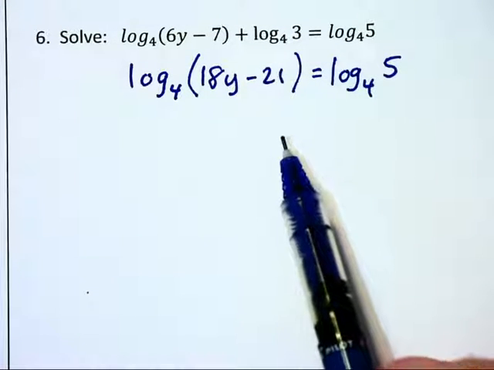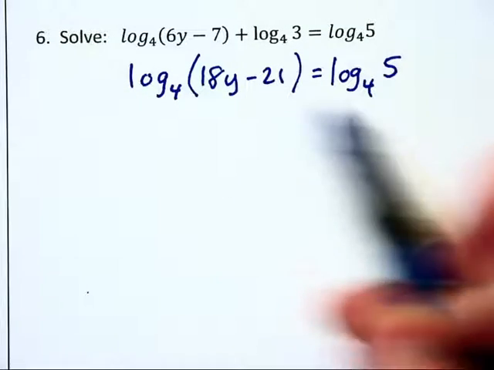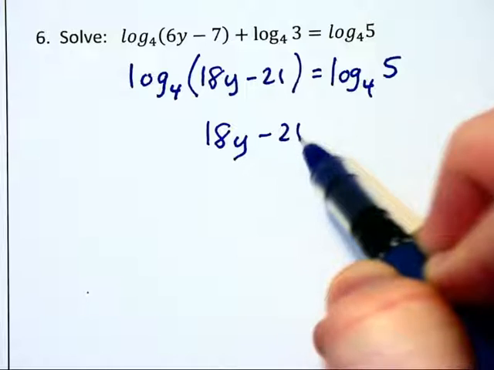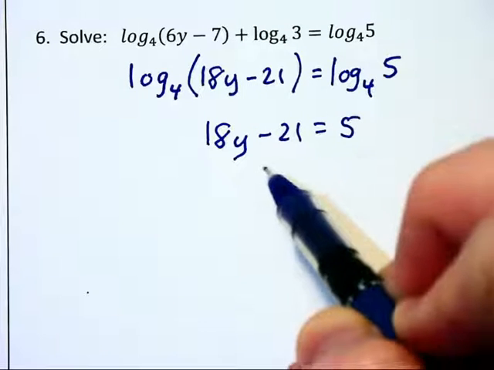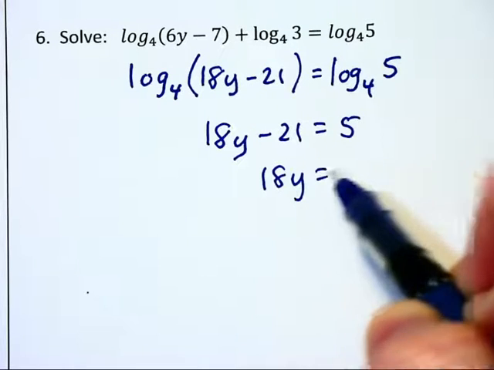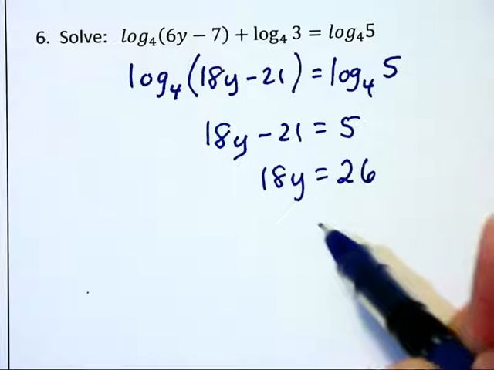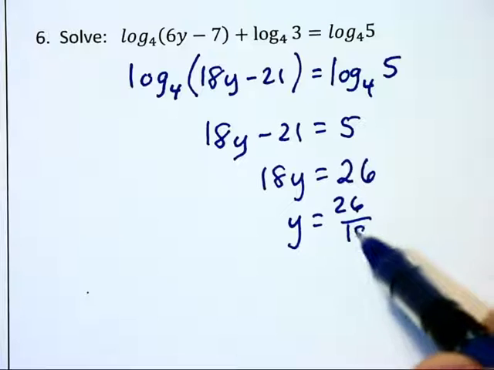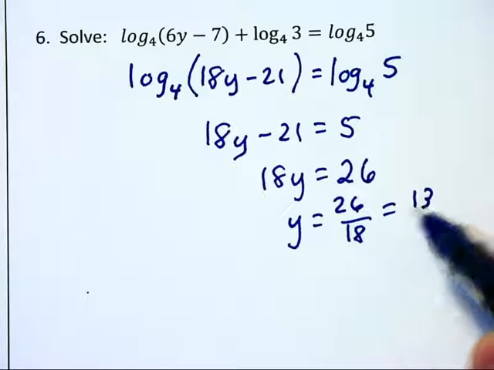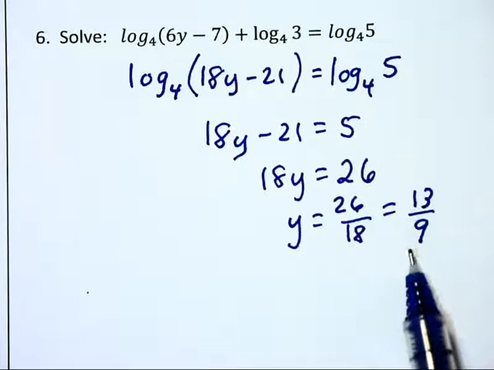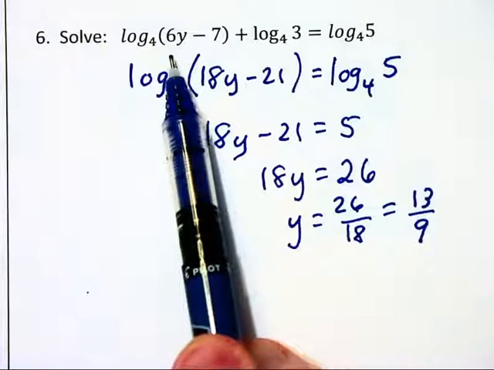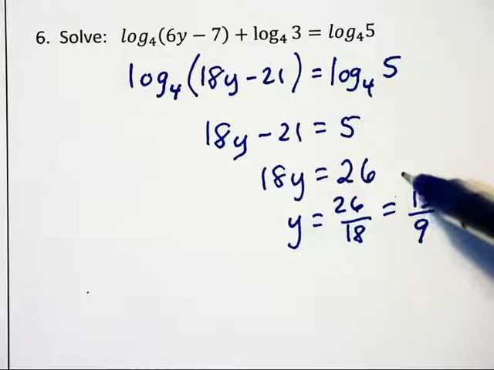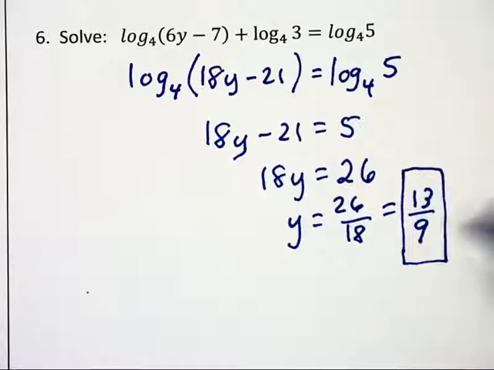If we anti-log each side, getting rid of those logs, we will just have 18y minus 21 is equal to 5, and we can add 21 to each side to get 18y is equal to 26, and divide each side by 18, giving us 26 over 18, which reduces to 13/9. Now let's verify that when we substitute 13/9 in, we do not get a negative in either log, and we're safe here, so 13/9 is going to be our solution.